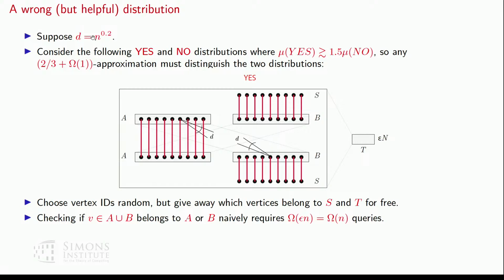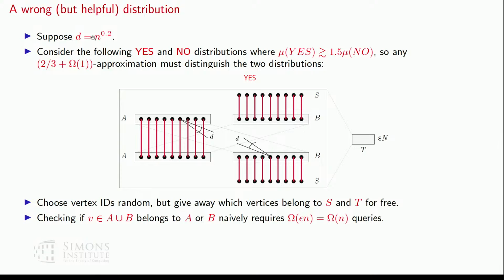And I've given you the S vertices for free, so once you see an S vertex, you're done. You can spend Omega(epsilon n) time, because all the degrees are still at least epsilon n because of the dummy vertices. So it takes epsilon n queries to actually hit an S vertex. And in case I forgot to mention, I'm also going to randomly permute the adjacency lists.